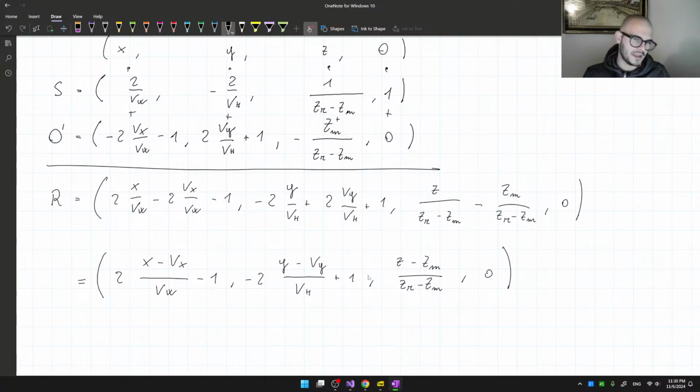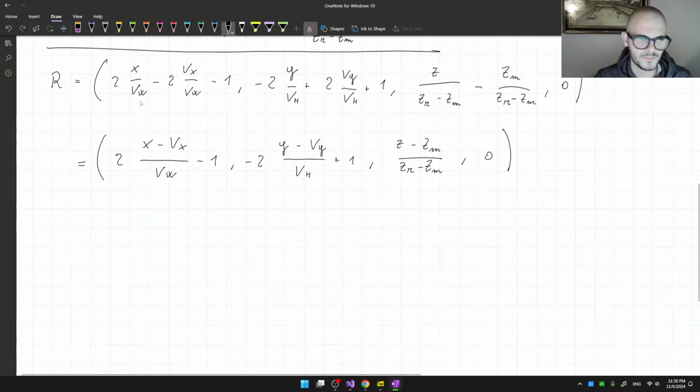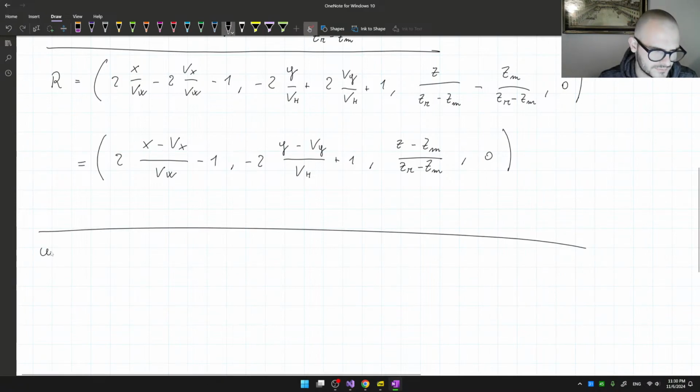So this is basically we're just mapping. So in our scenario, this and these are 0. So obviously I need to translate the view x.